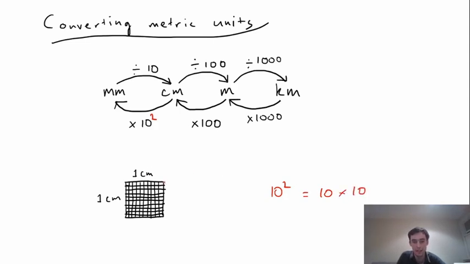So that's this 10 times this 10. And in every single area conversion you're going to multiply by 10 squared. So I can write a squared on all of these. If you're converting from centimeters squared to meters squared, you divide by 100 squared.